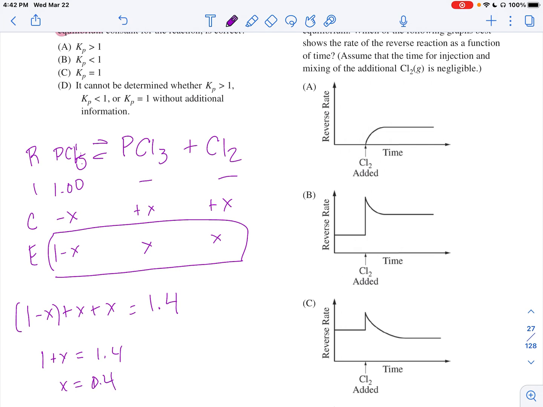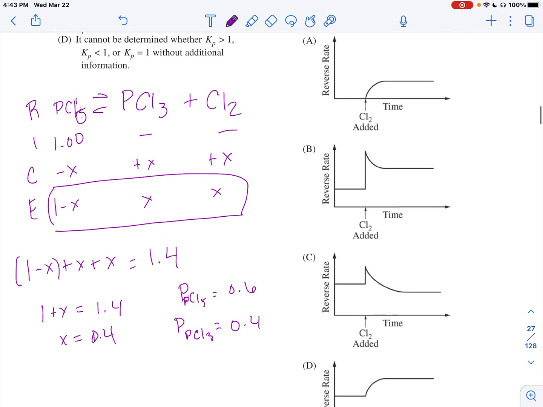So going back here and plugging in x, we know that the pressure of PCl5 is going to be 1 minus x, so that's 0.6. The pressure of PCl3 is just x, and the pressure of Cl2 is also x.